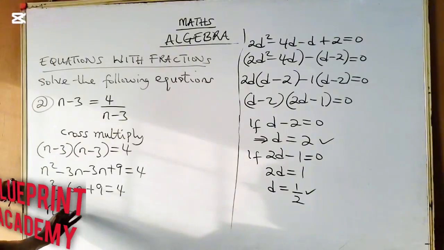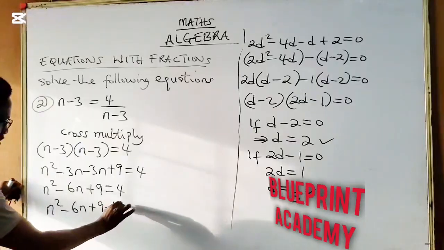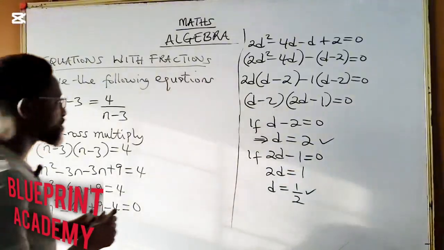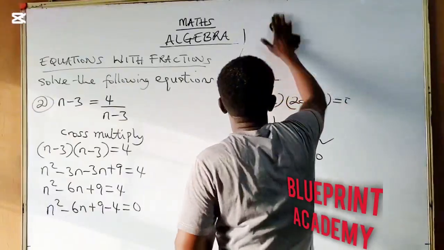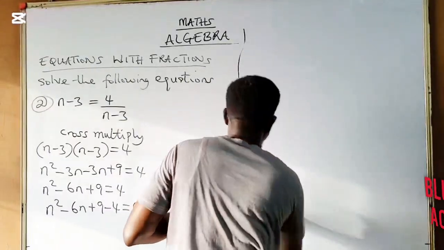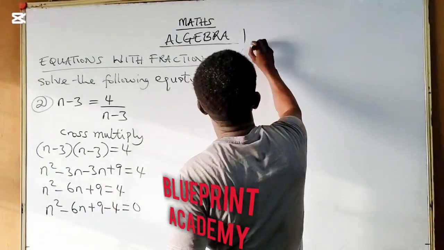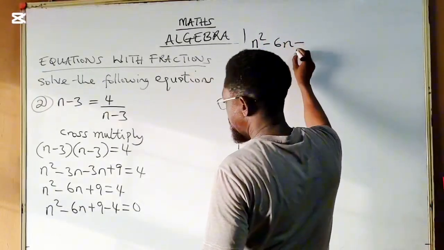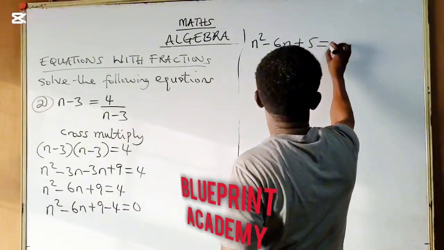It becomes minus 4. So we have equal to 0. So this one will give us n squared minus 6n plus 5 equal to 0.